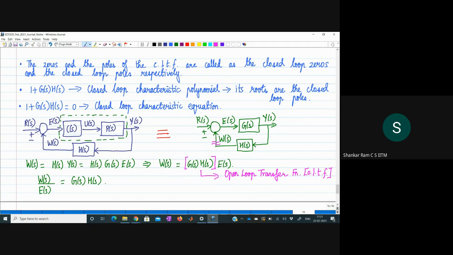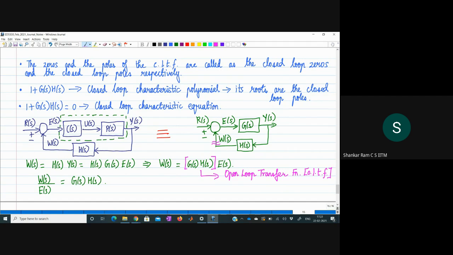There is a difference between this open loop transfer function, which is G of S times H of S, and the transfer function of an open loop control system. Please note that an open loop control system will not have feedback, and so it will have its own transfer function. So we are not talking about an open loop control system here.